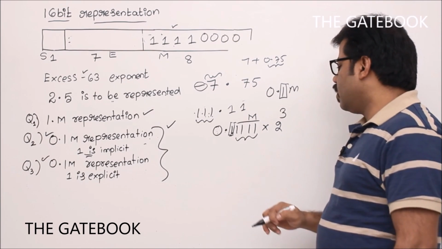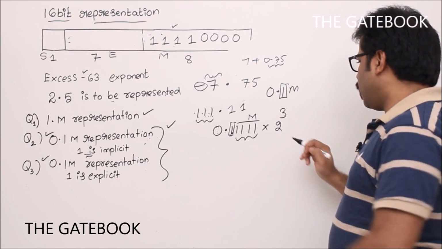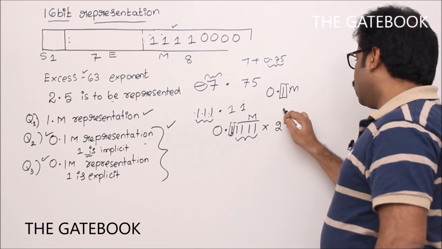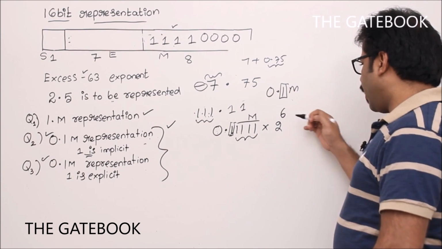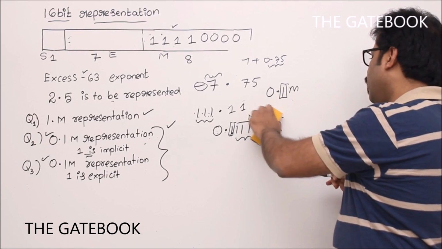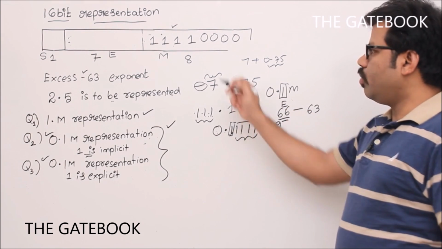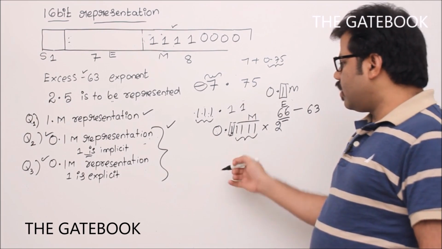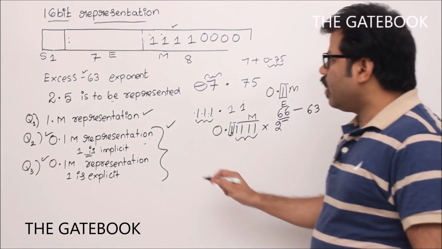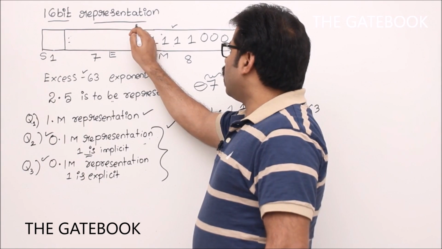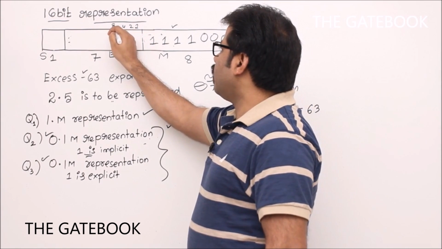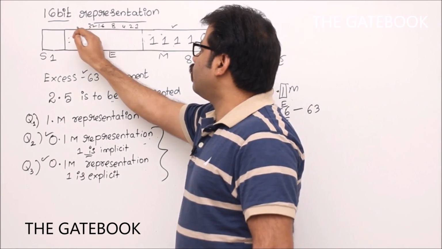Done, mantissa part. What about this one, base power exponent? Minus 3 is nothing but 64 minus 3, definitely we have to represent here 61 to be represented. So let us write 61 in binary. We know that, right? 2 power 0, that means 1, 2, 4, 8, 16, 32, 64 are the bits.